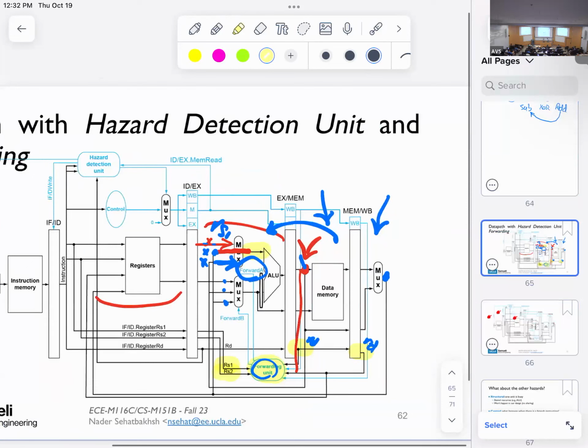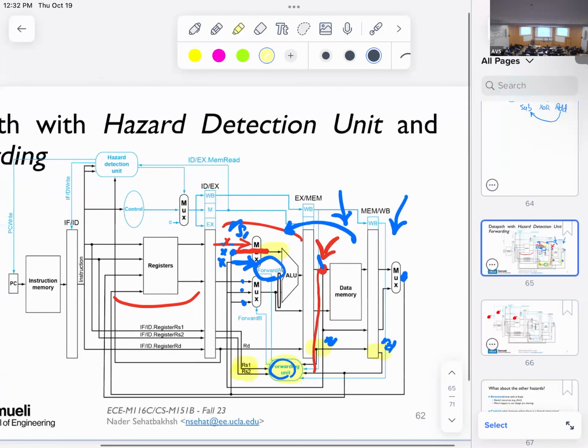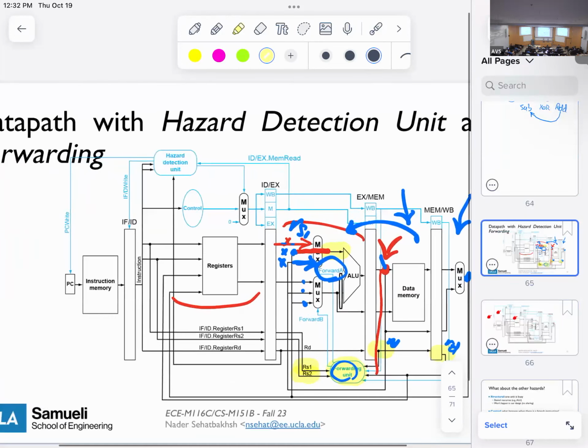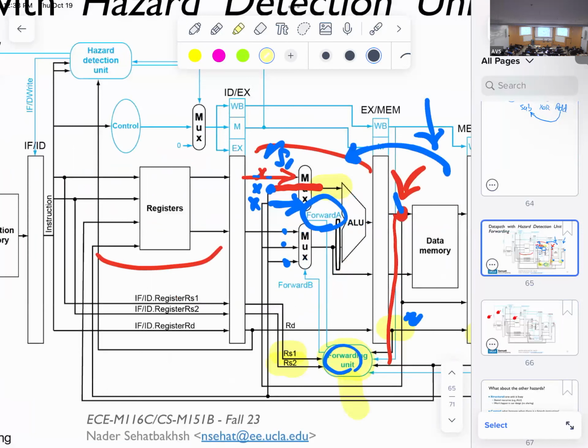And then one last thing I want to show you is basically what we're going to have is forwarding. I'm going to use this terminology: what we call a hazard detection unit for stalling the processor, and a forwarding unit for doing the forwarding. So I'm going to distinguish these two from each other.